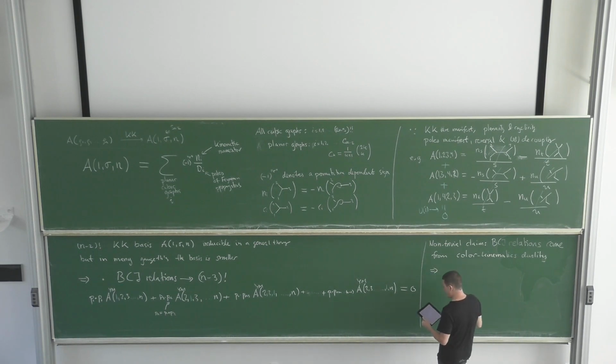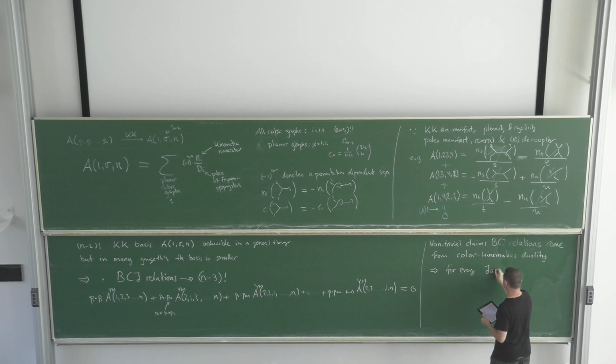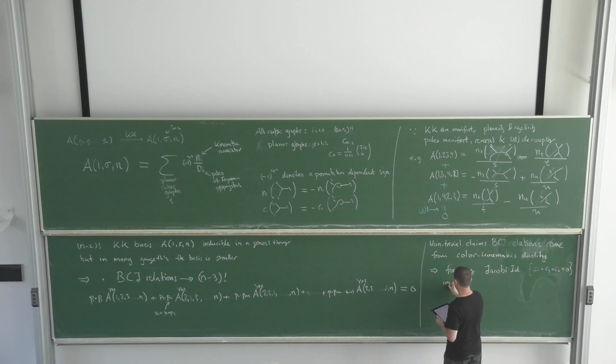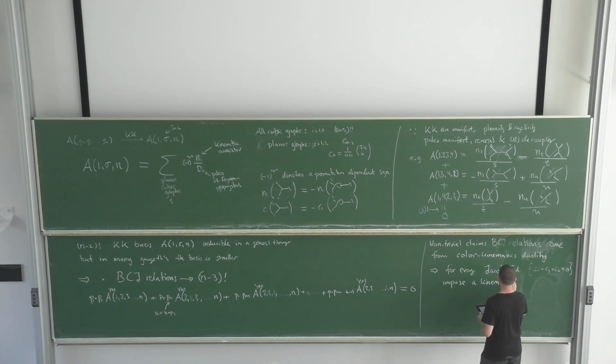Well, for every Jacobi identity that we had for the color factors, which I can write as some set of three-term identities, every such set of three-term identities that you can write for the color factor, you should impose a kinematic Jacobi identity for the numerators.